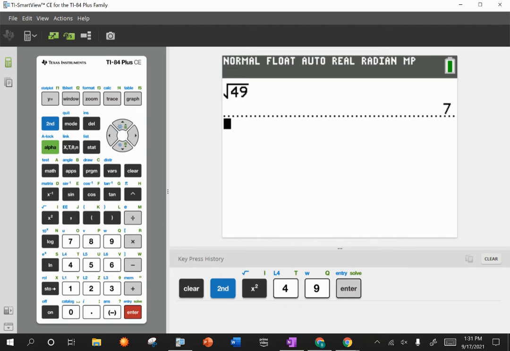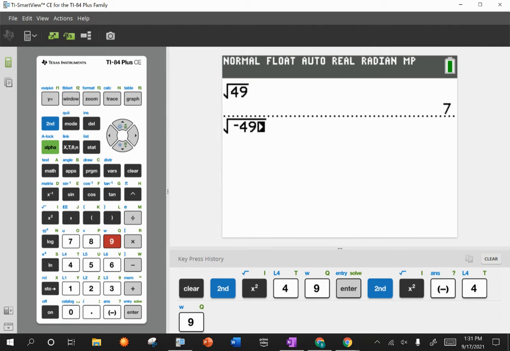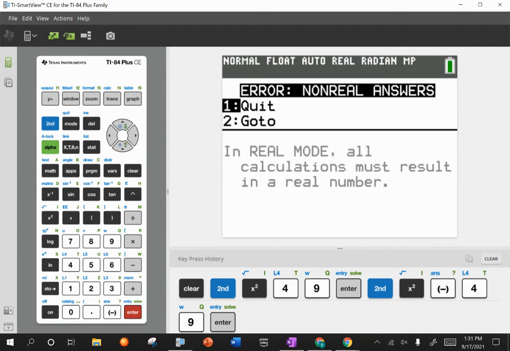Now, can we take the square root of a negative number? No, we've just talked about that. So here's what happens if you punch in a negative 49. What's it going to give me? It gives a non-real error.